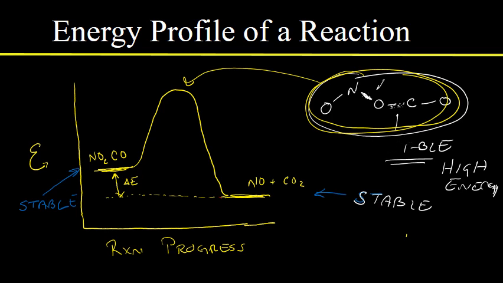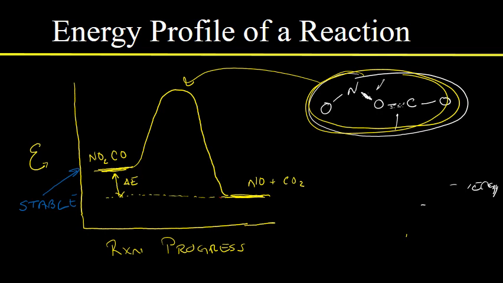And this species here, which is in the middle of that transition between reactants and products, we call this the transition state, right? That's the state that's exactly in between the properties of the reactants and the products.